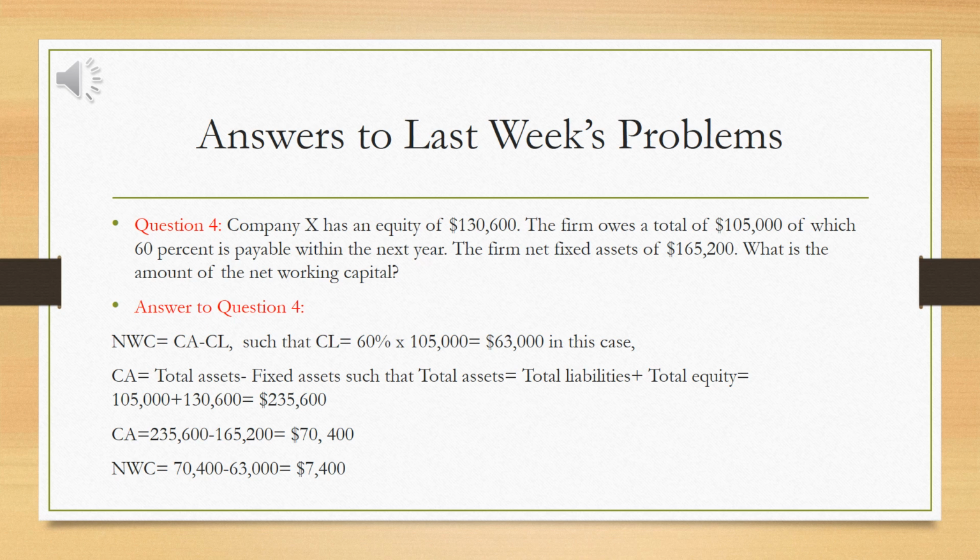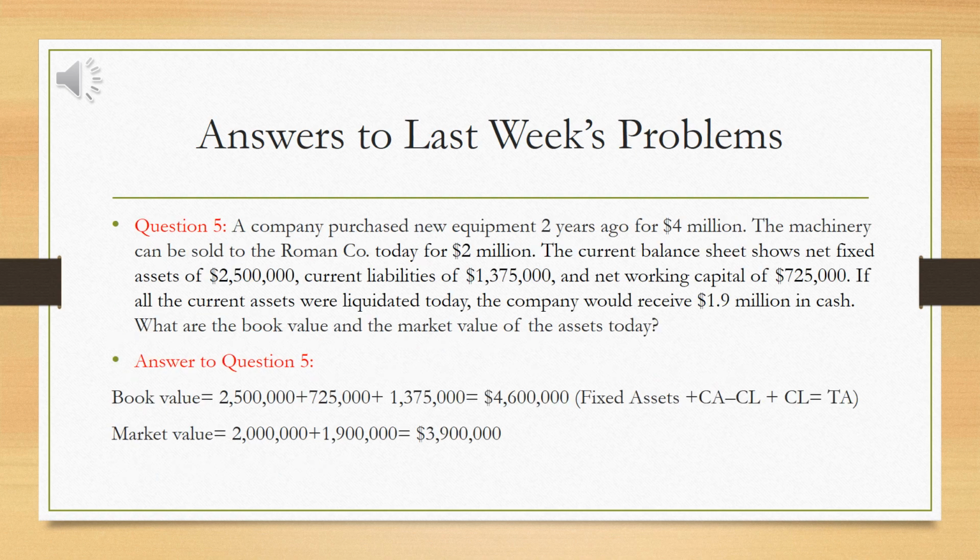Thus, current assets are 235,600 minus 165,200, which are 70,400. And net working capital, which is current assets minus current liabilities, are equal to 70,400 minus 63,000, which is 7,400.